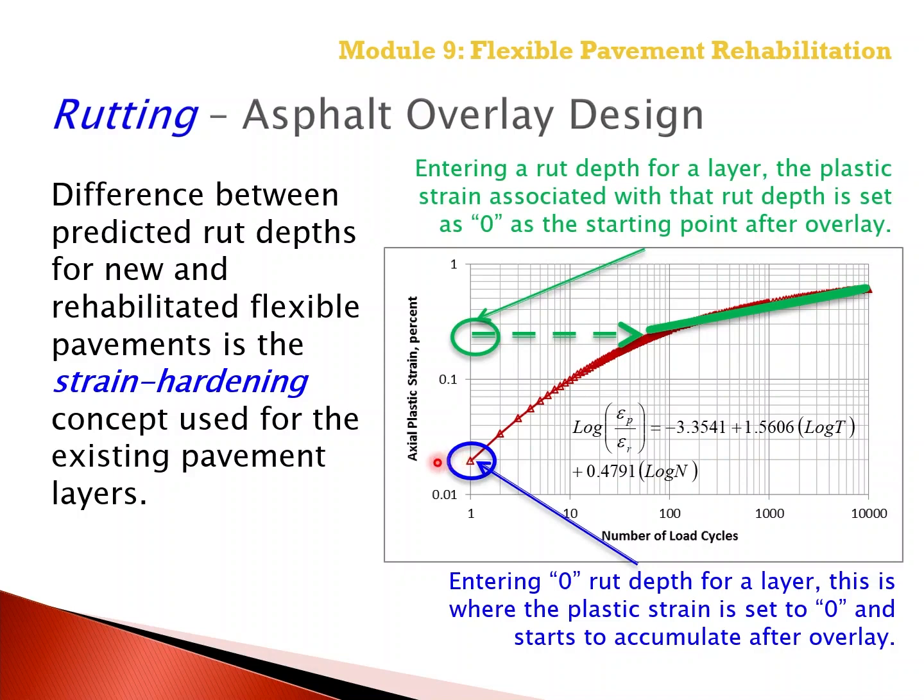Using the strain hardening concept, the amount of rutting in the existing asphalt layers, as well as in the existing unbound layers, the additional accumulation of rutting is much less because of the strain hardening approach, because the rut depths are accumulating at a much slower rate.